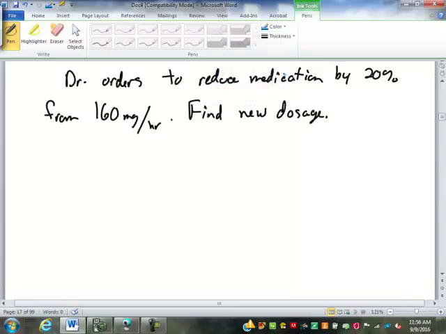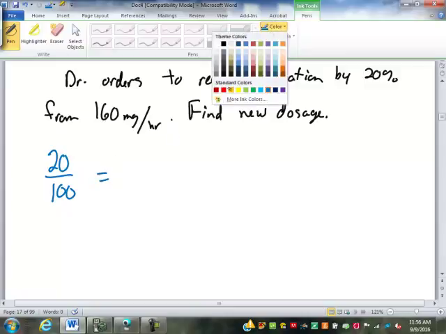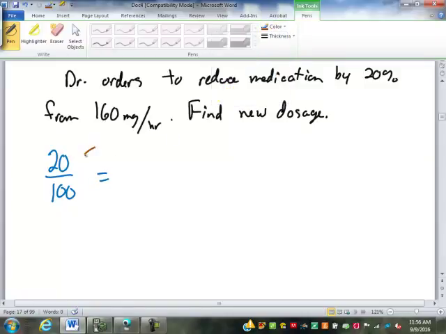We can approach this in a couple different ways. We have the 20%, so that's 20 over 100. Of course, the 20 represents the reduction, right? 100 represents the starting amount, or the initial amount.